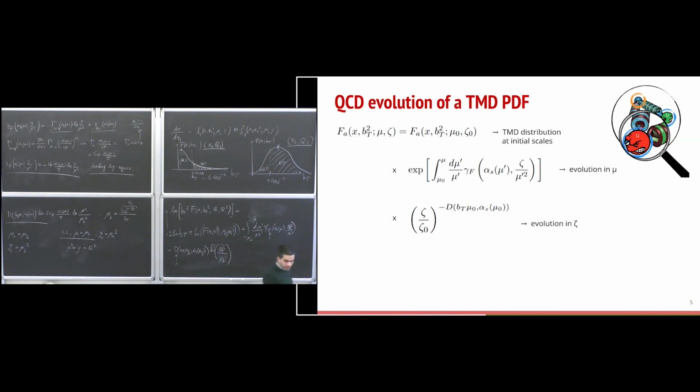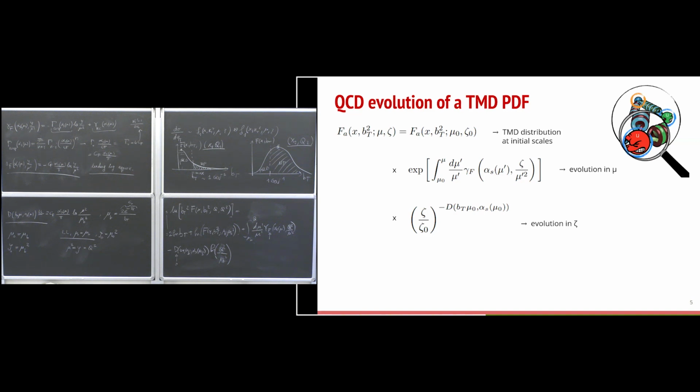No, that would be the log of q squared divided by mu b squared.